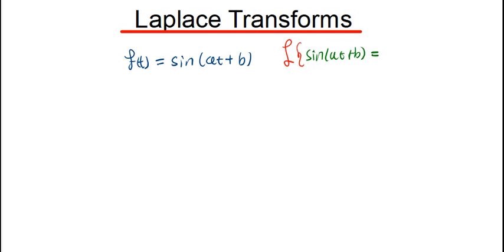This is supposed to be equal to s sine b plus a cos b, divided by s squared plus a squared. So this is what we're expecting to get.